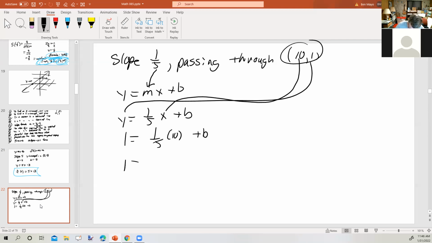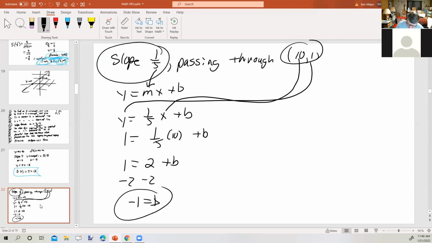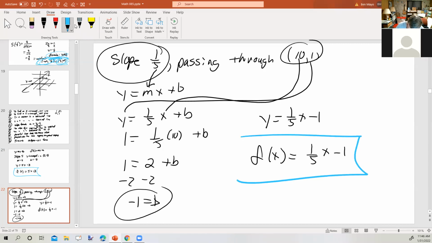And this would allow us to ultimately solve for b. So the slope is 1/5. The y-intercept is -1. y equals 1/5 x minus 1 as a function. f of x equals 1/5 x minus 1. Any questions about that example?